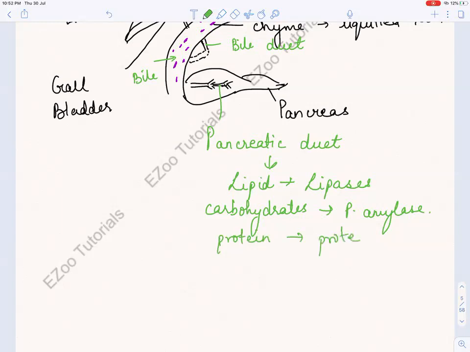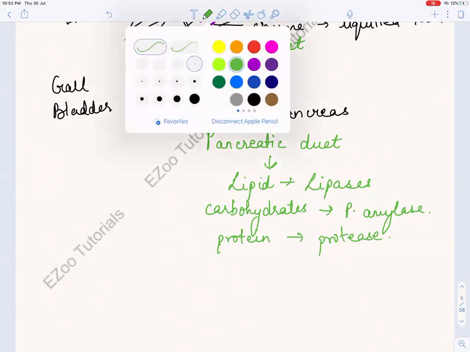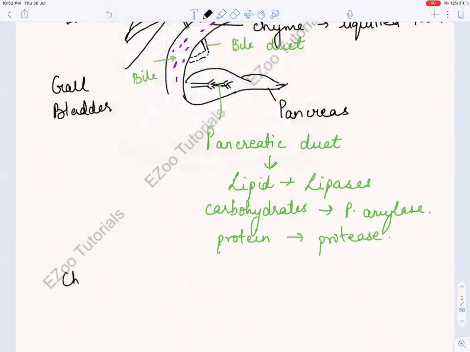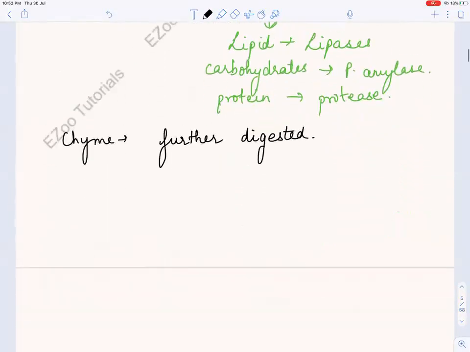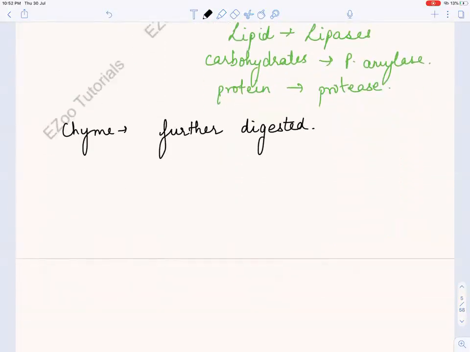It is pouring into it for the digestion. So now the chyme is getting further digested. It's a very interesting topic, and it will take a little time.